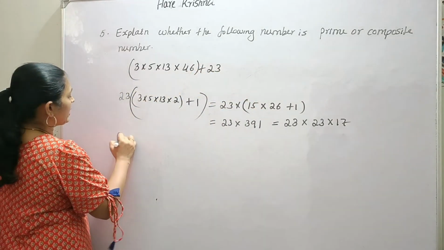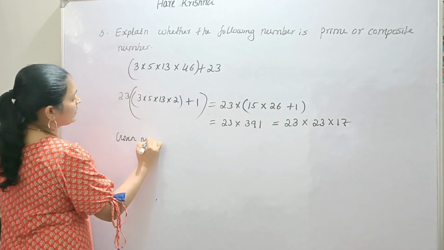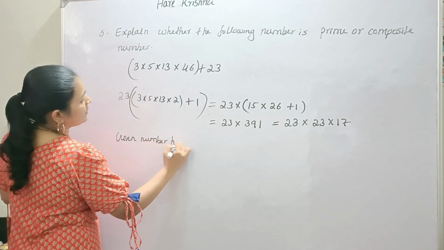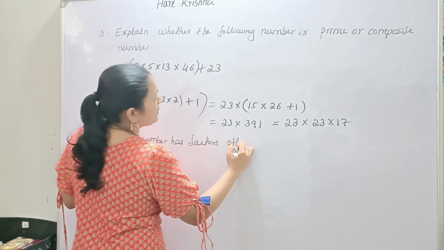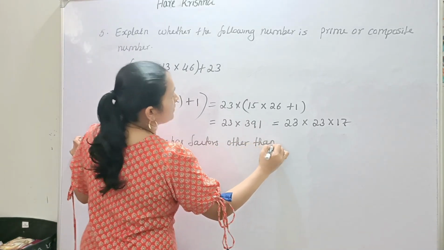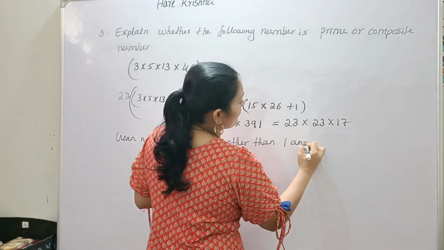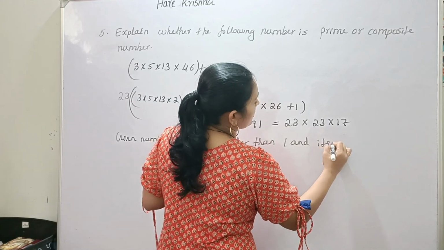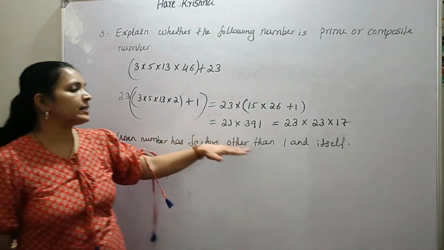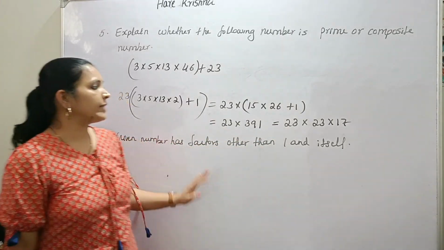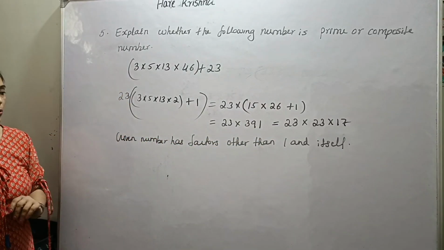The given number has prime factors other than 1 and itself. Therefore, the given number is a composite number.